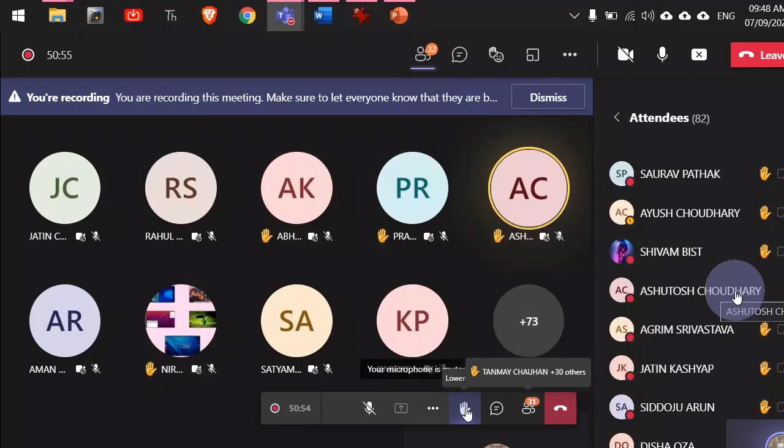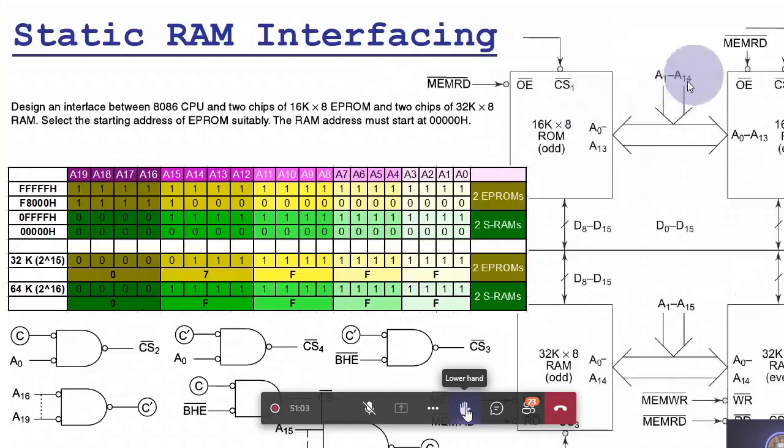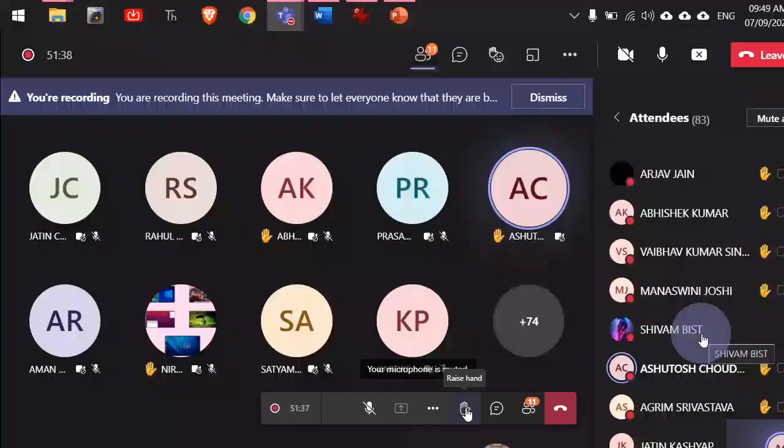Please tell me why have we connected these address lines A1 to A14 here? Were you listening to the lecture that I have just given? Yes, sir. Then you should be easily able to explain why A1 to A14 is connected here. No answer? No, sir. Okay, Ankit Agrawal. Yes, sir.